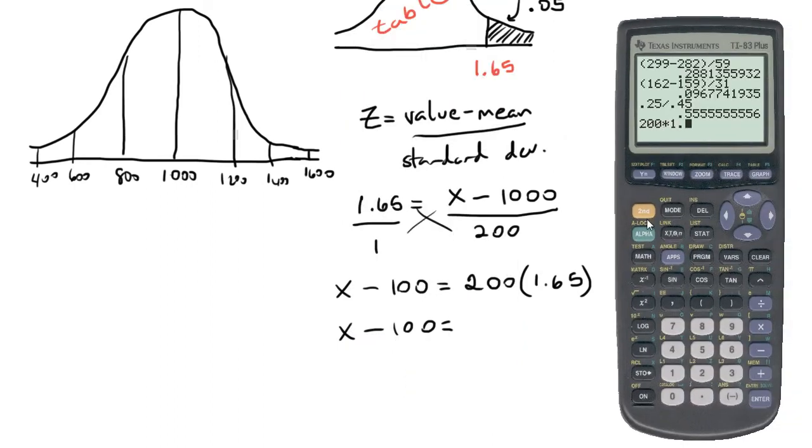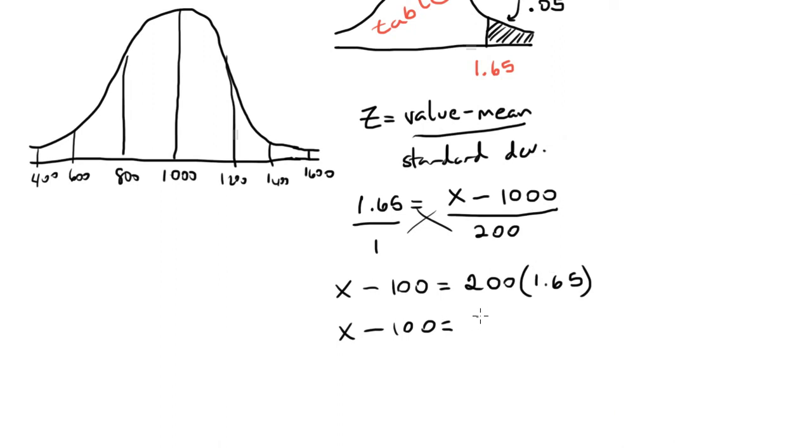That's 330. And this actually should be x minus 1,000. I wrote 100 by mistake.